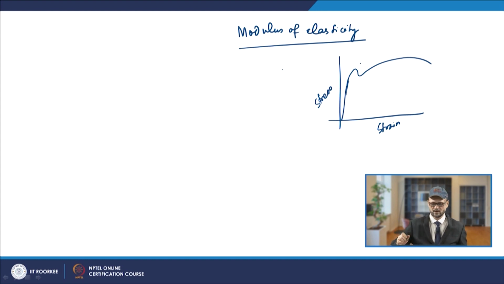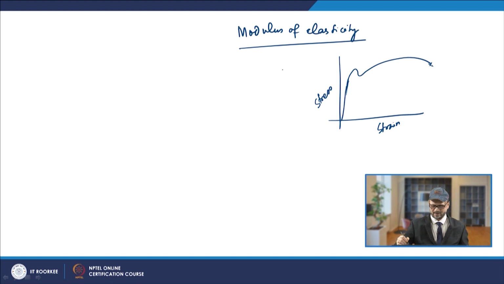So, the modulus of elasticity of the ductile material will be defined in this region. It will be the ratio of the stress to strain for this region. So, that will be a constant value. So, that way this modulus of elasticity will be defined, and it will be representing the stiffness of the material.